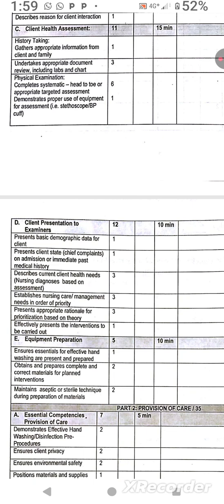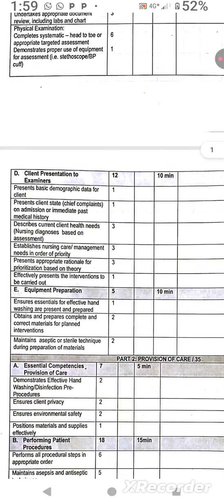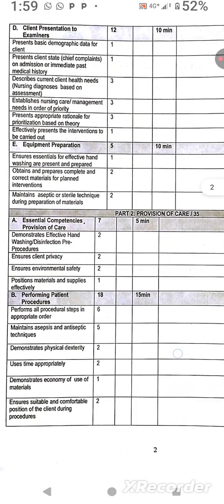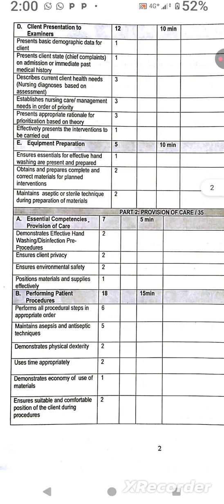You should gather information from the client. Then undertake appropriate document review, including Kardex and chart. The third one is physical examination. You can do a head-to-toe assessment or demonstrate proper use of equipment such as a stethoscope and blood pressure cuff. Then client presentation to examiners.